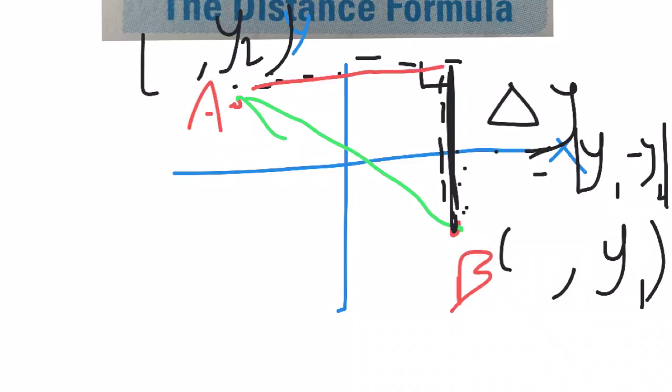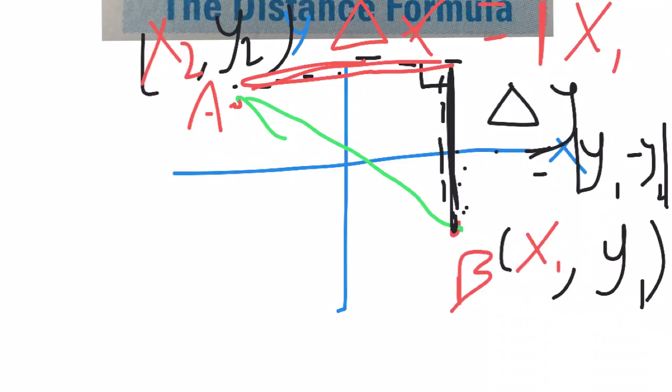Likewise, this part here, we call that the change in the x direction, delta x. We get that by subtracting the x coordinates, x1 and x2. Remember, we put it in absolute value, x1 minus x2.